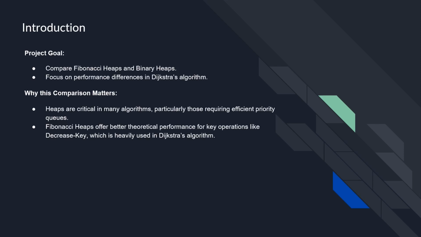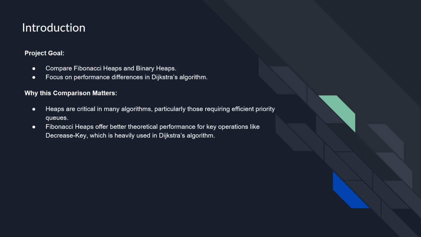The goal of this project is to compare Fibonacci heaps and binary heaps, focusing primarily on their performance when used in Dijkstra's algorithm. Heaps are critical to many algorithms, especially those that require efficient priority queues, such as Dijkstra's algorithm.